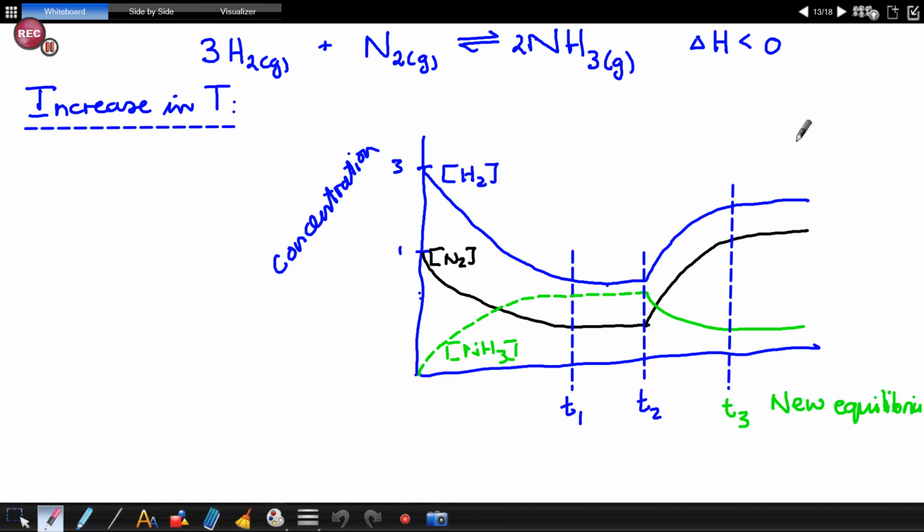The reaction that is favored, that is where the shift will take place. It's another way of saying more of this will form. So here, saying the equilibrium shifts to the left means that the concentration of the hydrogen and the concentration of the nitrogen will increase.